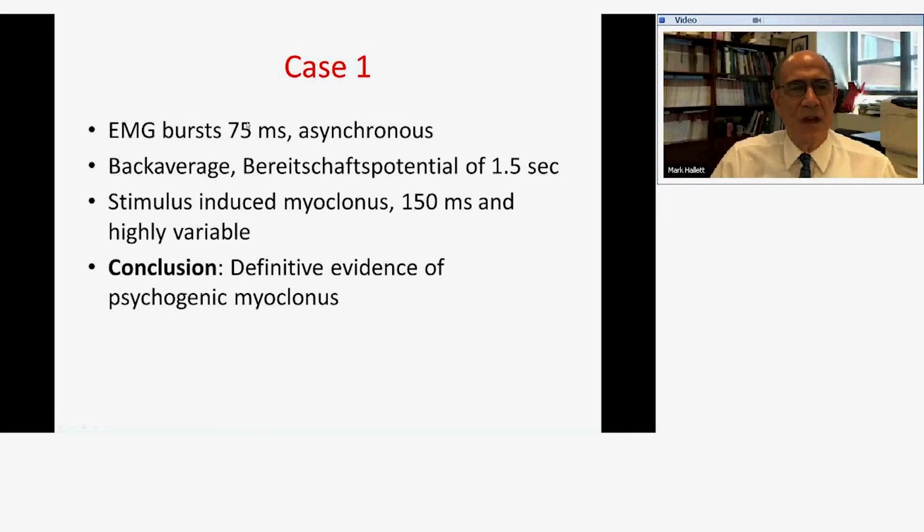So these points are all very clear, definitive evidence of psychogenic myoclonus in this particular situation. And this would be what we would call laboratory-supported psychogenic myoclonus. One would be very clear on the diagnosis in this circumstance and could go forward in terms of how to manage the patient as a patient that had a functional movement disorder.